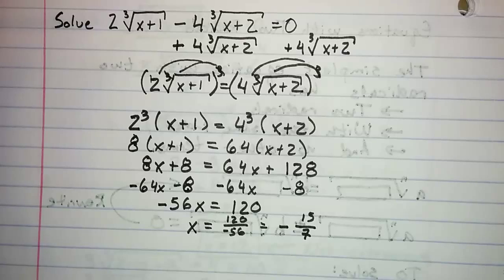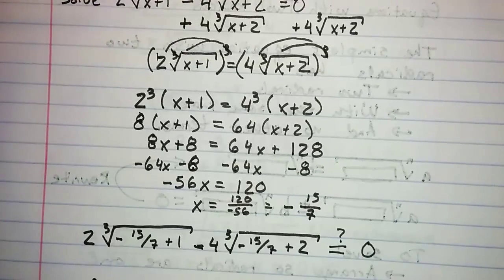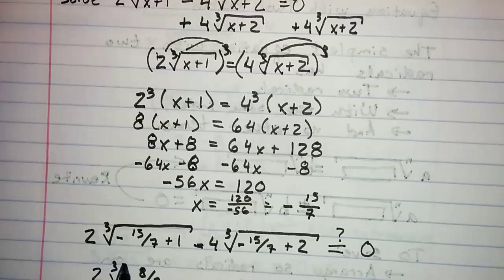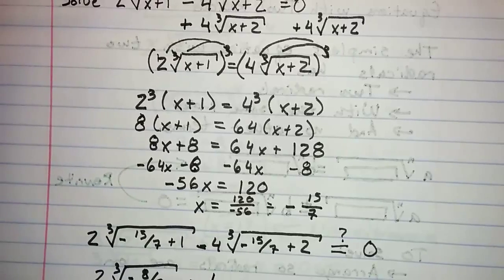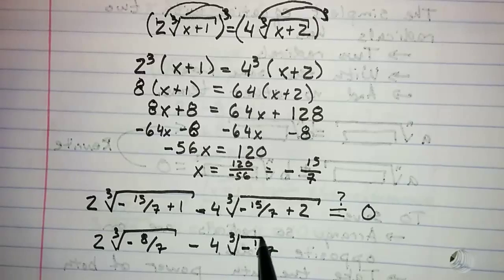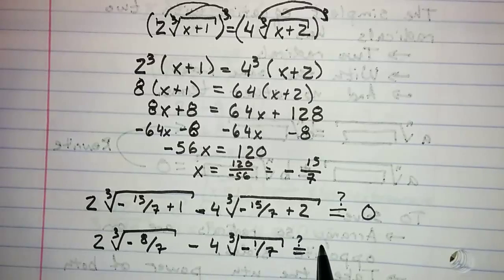I'm just checking to see if I screwed it up. So this is going to be 2 times the cube root of negative 8 sevenths, minus 4 times the cube root of negative 1 seventh. Does it equal 0?